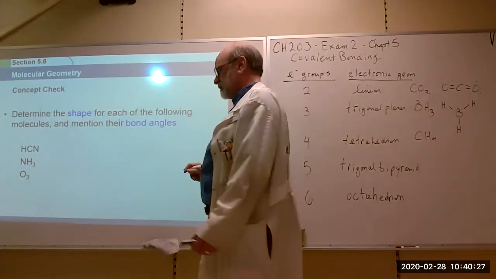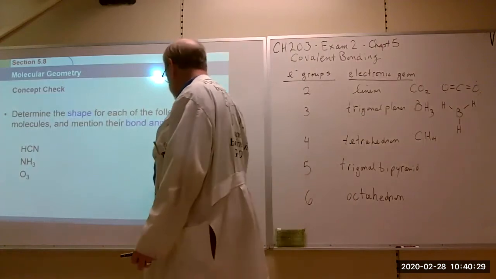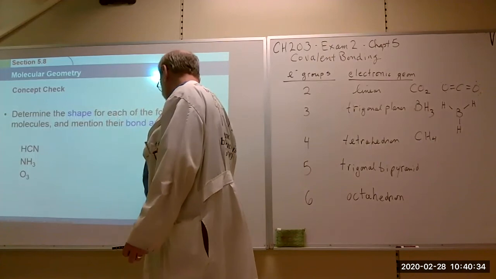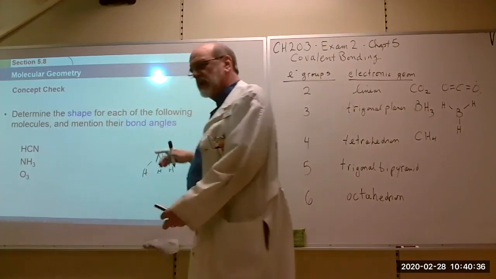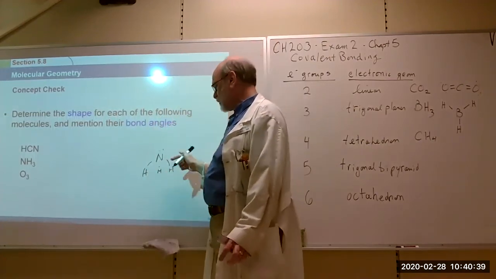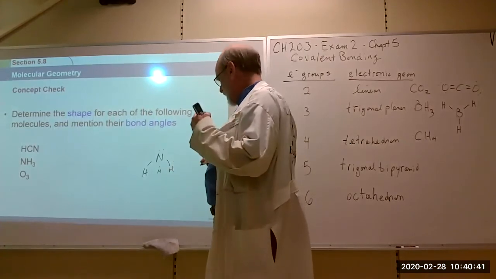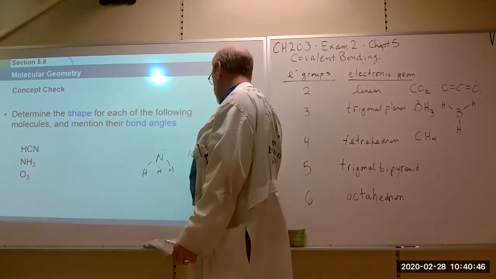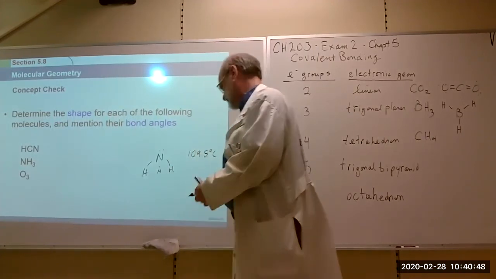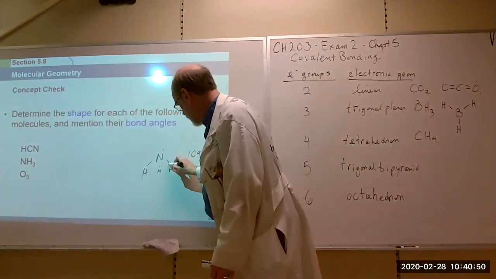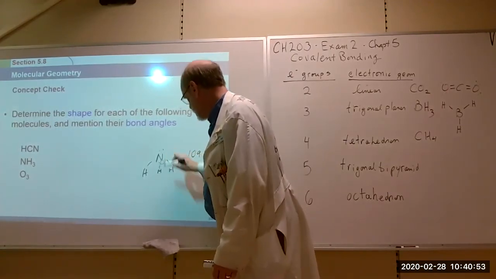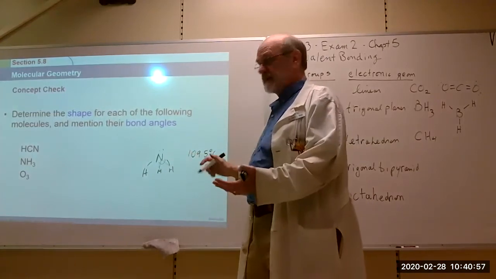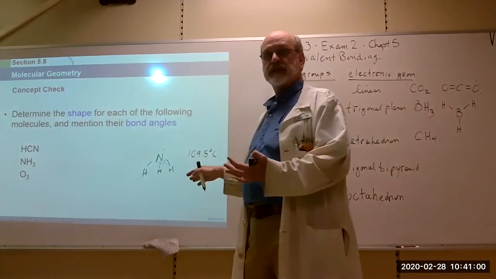We did ammonia before. Remember, ammonia turned out to be like this. Trigonal pyramid, and the bond angles would be, well, in a tetrahedron, the bond angles are 109.5 degrees. So the bond angle from here, here like that. That's 109 degrees. But it's going to be less than. This is theoretical for a tetrahedron.